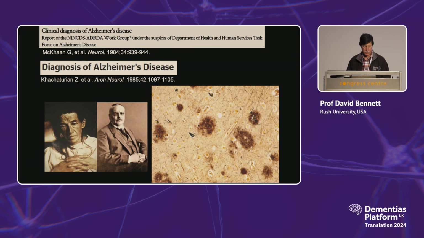The problem is that that logic tree began to fall apart right away, because it didn't take very long for studies to leak out of people who have the pathology of Alzheimer's disease, but either don't have dementia or through medical record review didn't seem to have dementia. And so this was the scene in 1992. This was the scene when I was an ECR thinking about what I wanted to do in my life as a researcher. And here's 1992.